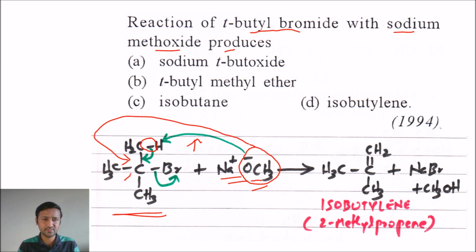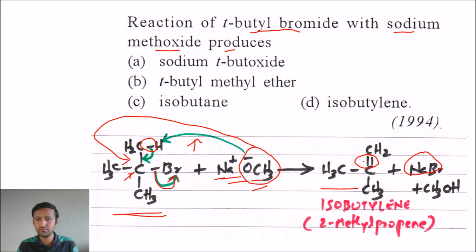As a result this carbon becomes pentavalent, right? So one bond should be broken, and the weakest bond is between carbon and bromine. So the bromine will take the bonding electrons and leave as bromide, right? That bromide combines with Na plus and is eliminated as sodium bromide, and the main compound obtained here has a double bond formed, right?